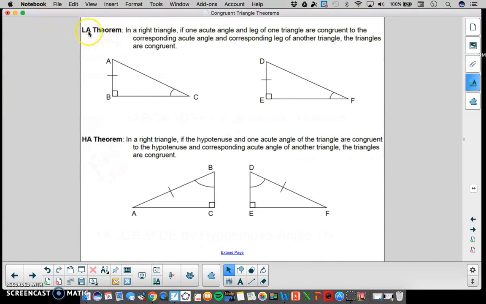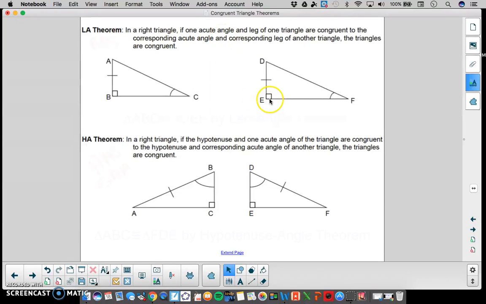Next we have leg-angle. So we have to know that we have the right angle first, and we have a set of legs that are congruent, and then we have another set of angles that are congruent. That angle for LA has to be one of the corresponding acute pairs of angles.